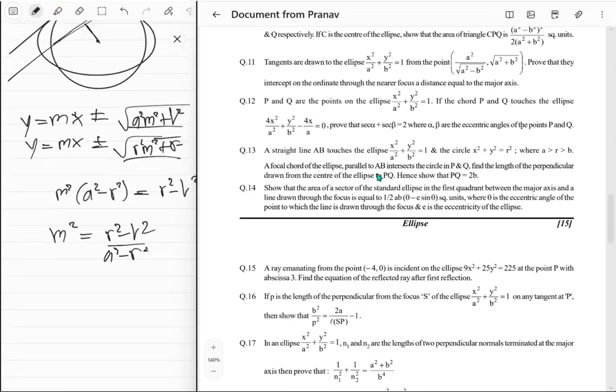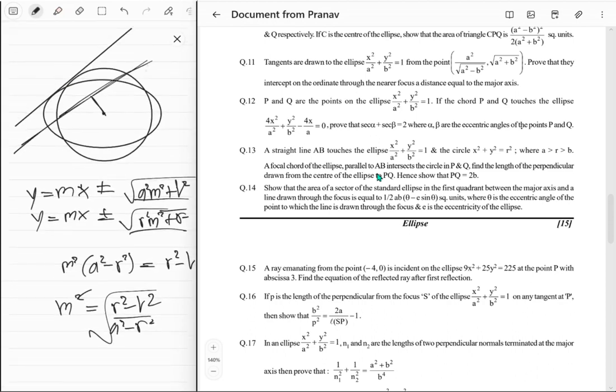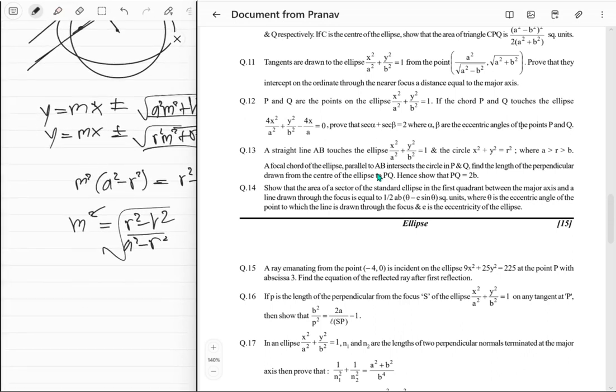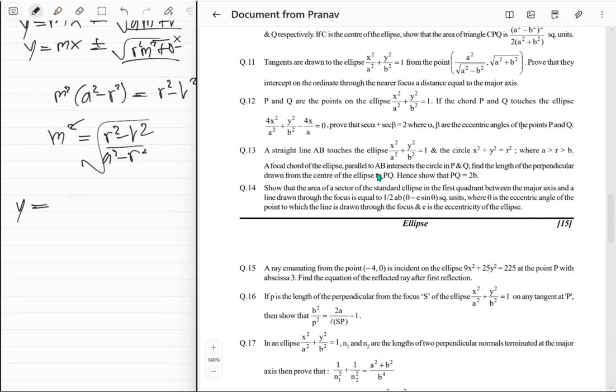And then with the same slope, so the square root of that thing, right? With the same slope, you've got this line, and it's passing through the focus, so one of the foci, let's say negative AE. So the equation would just be y is equal to 0 plus m times (x plus AE).